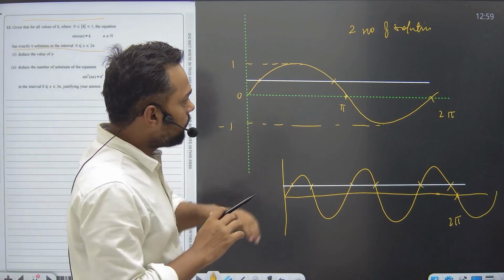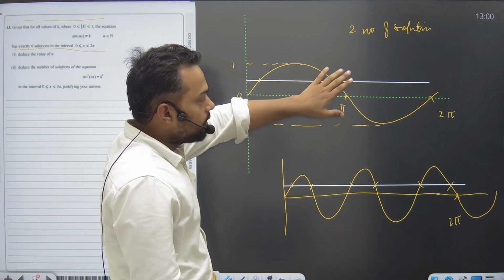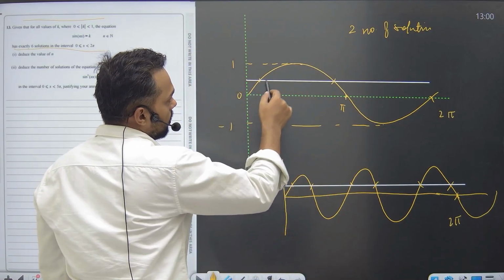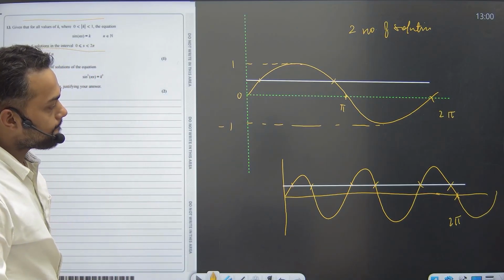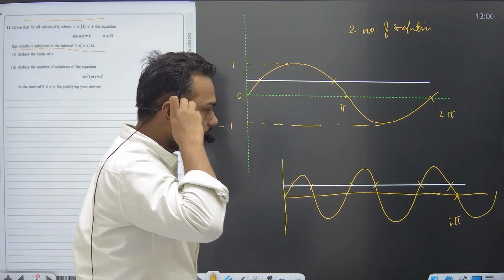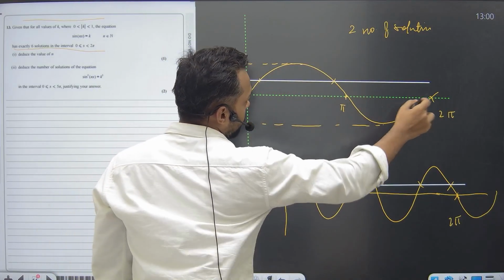Now if we are talking about the sin x graph between 0 and 2 pi, what is the number of periods for a normal sin x graph? From 0 to 2 pi, 1 period is there.